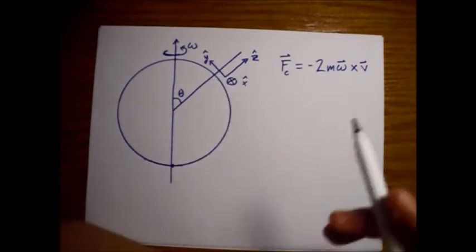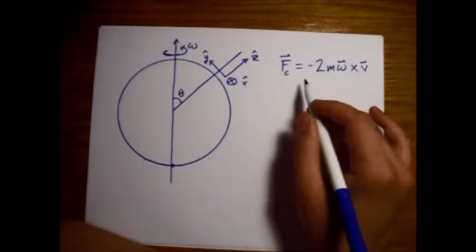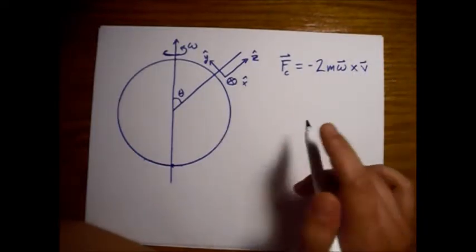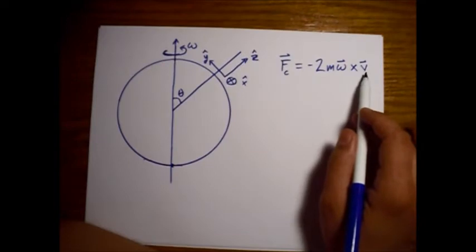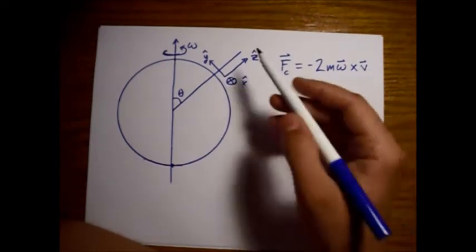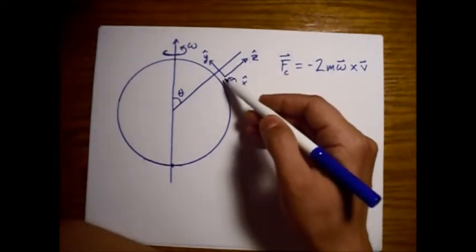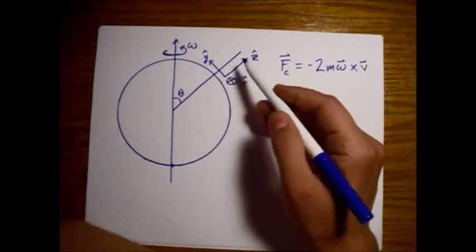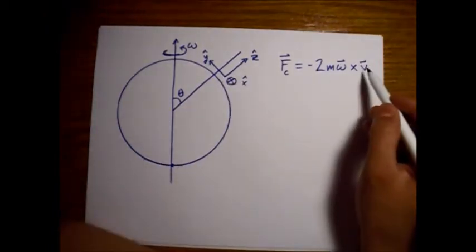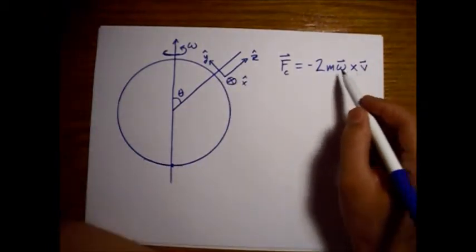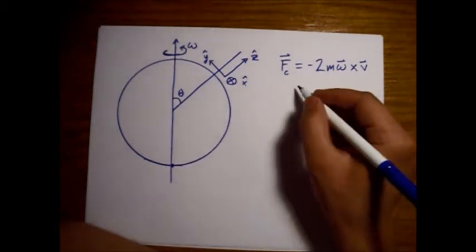Knowing that this v is mainly going to be in the z direction, we can then take this cross product.